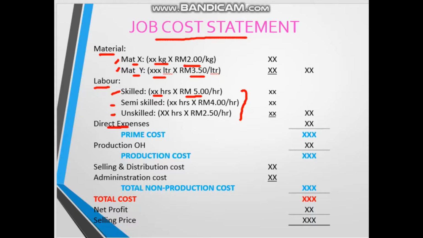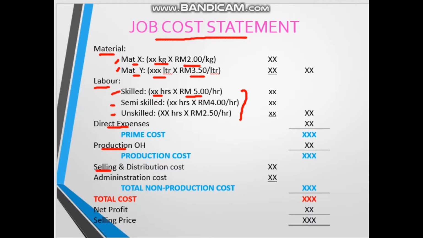Direct expenses are things like royalties. Then production overhead: all the production overhead will be here. Production overhead is sometimes based on the OAR, the overhead absorption rate, times the hours needed to produce that particular job.